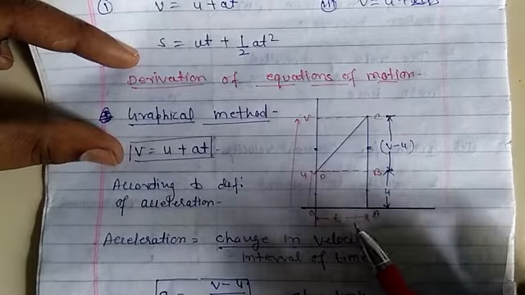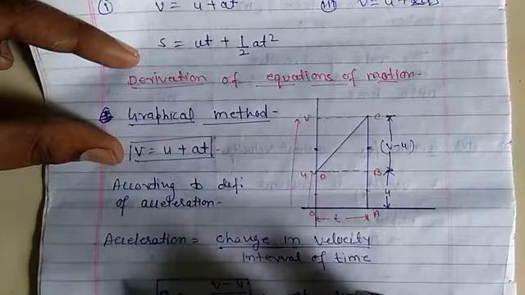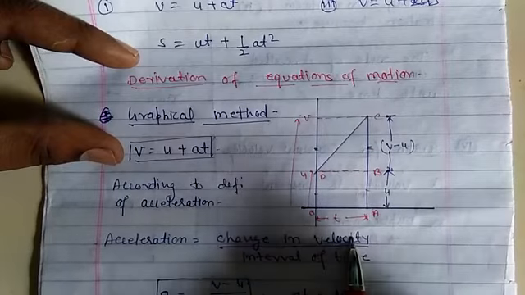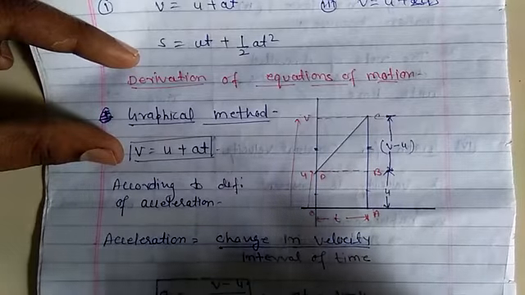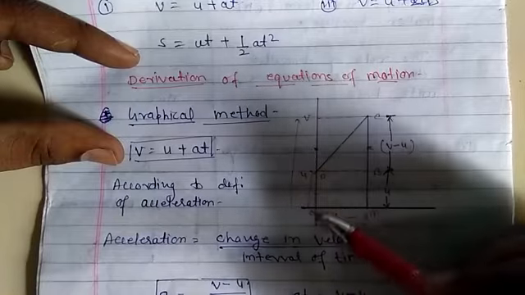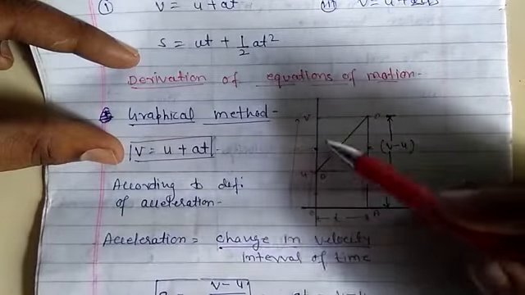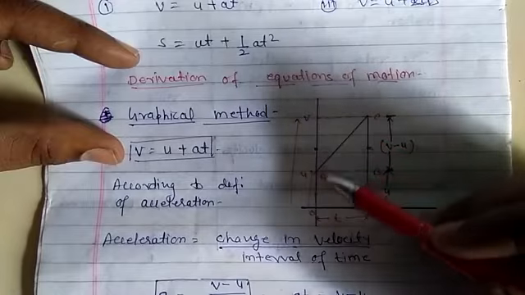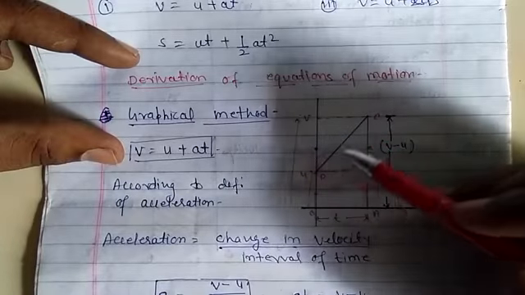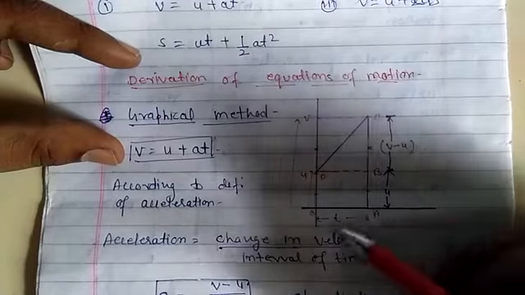Then, according to the definition, acceleration is equal to change in velocity upon interval of time. u is the initial velocity, v the final velocity, so the change in velocity is equal to v minus u. It means BC is v minus u, and the interval of time is t.